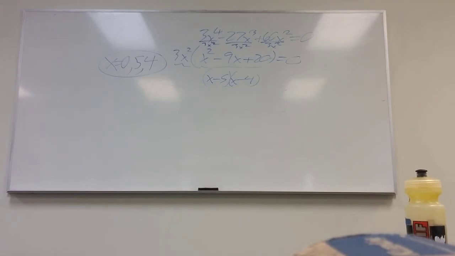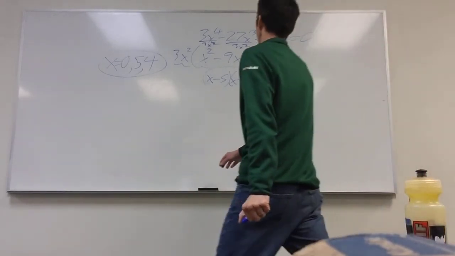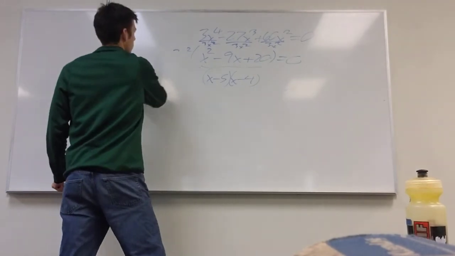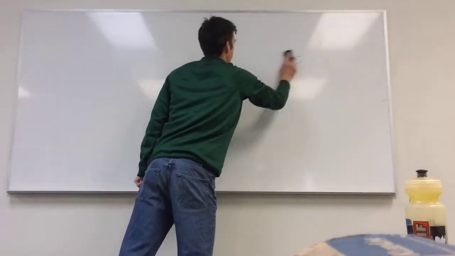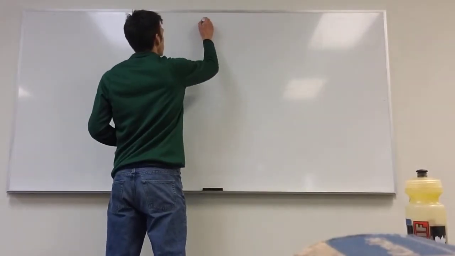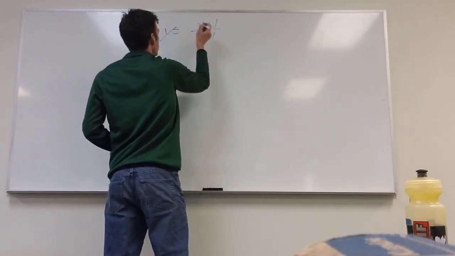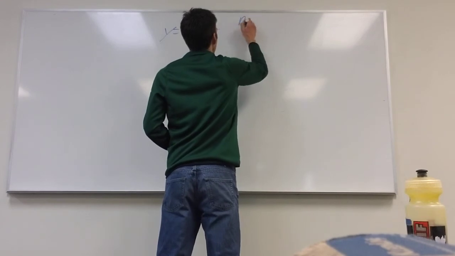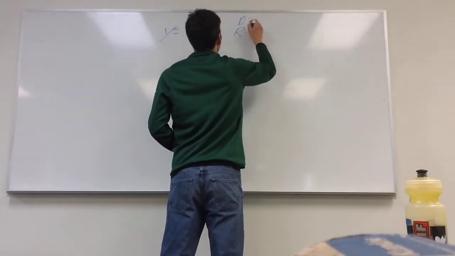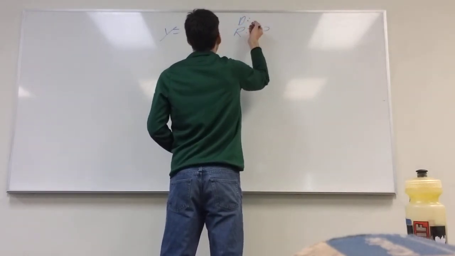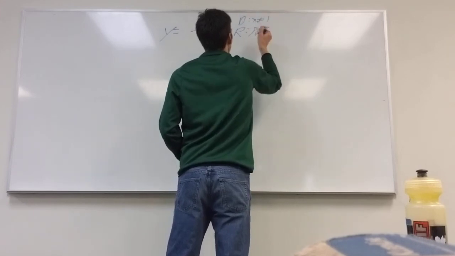Oh, so the last one, number 14, find the inverse of x plus 1 over x minus 1. By the way, the domain is x cannot be 1.